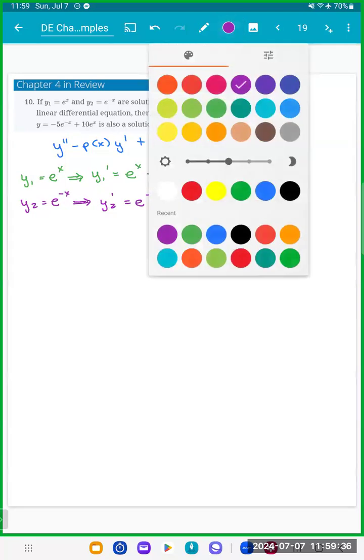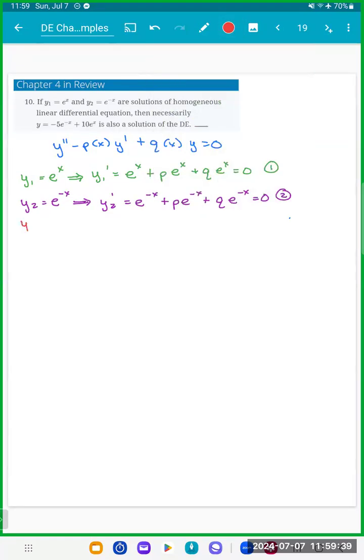Okay, let's say our y3 is equal to negative 5e to the negative x plus 10e to the x. So y3 derivative then is going to be 5e to the negative x plus 10e to the x. Our y3 double prime is going to be negative 5e to the negative x plus 10e to the x.